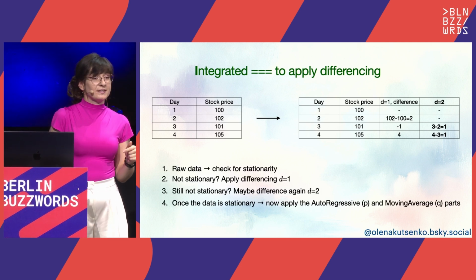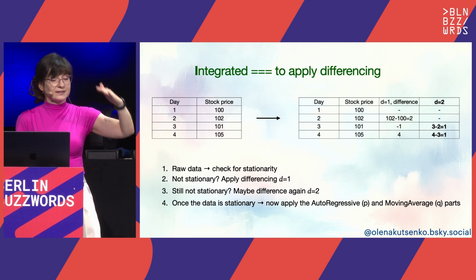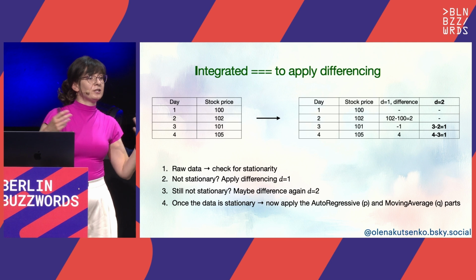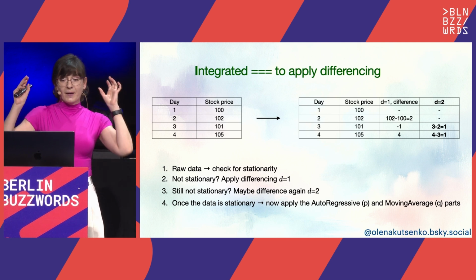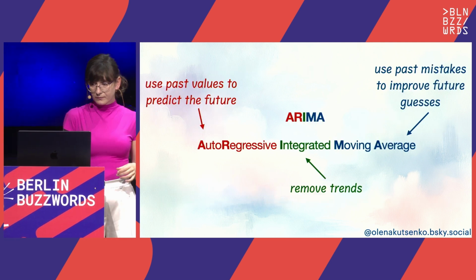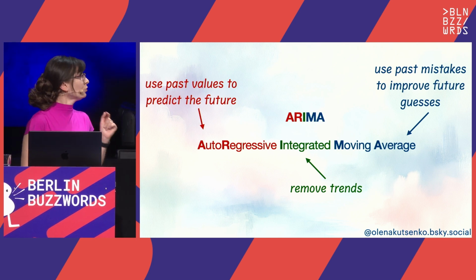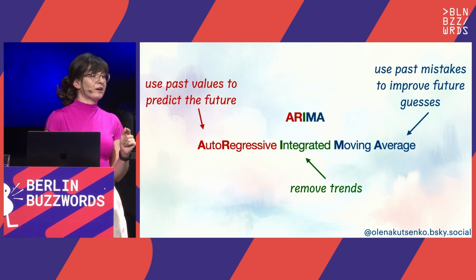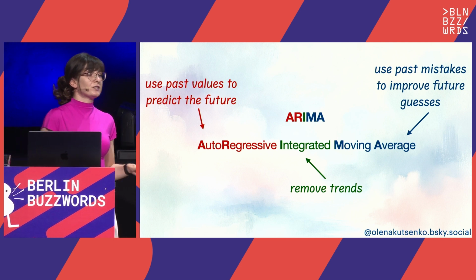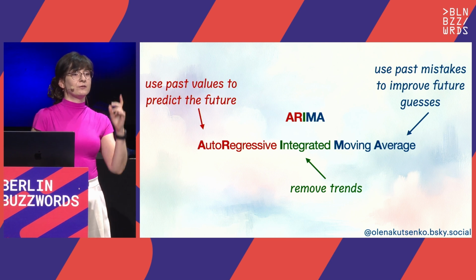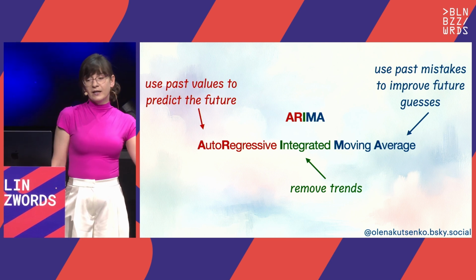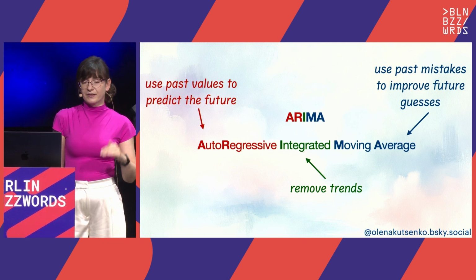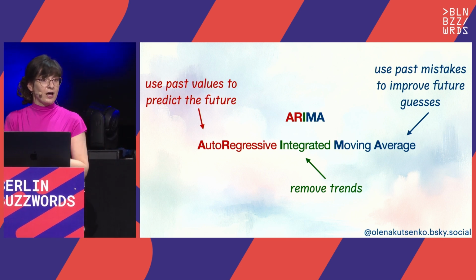Then we calculate the difference, and that allows us to flatten the line and to have a more meaningful prediction when using those other models. So we remove the trends. We do lose some data at that point, but for ARIMA, we don't care about those details, what the value of the stock was on that given day. We only care about the differencing we see, and how the price was changing day to day.